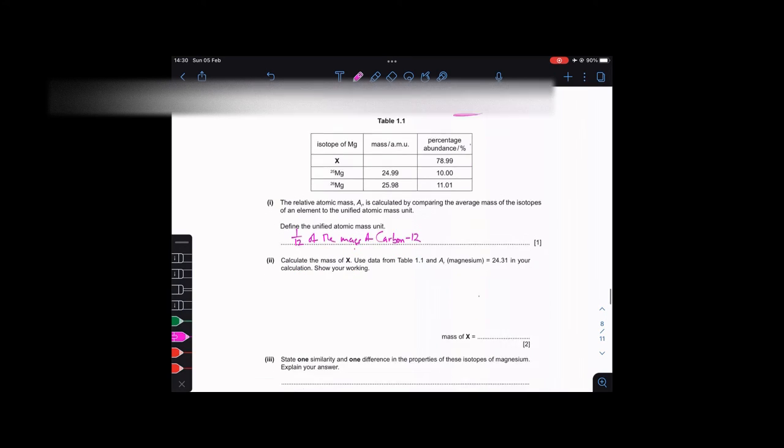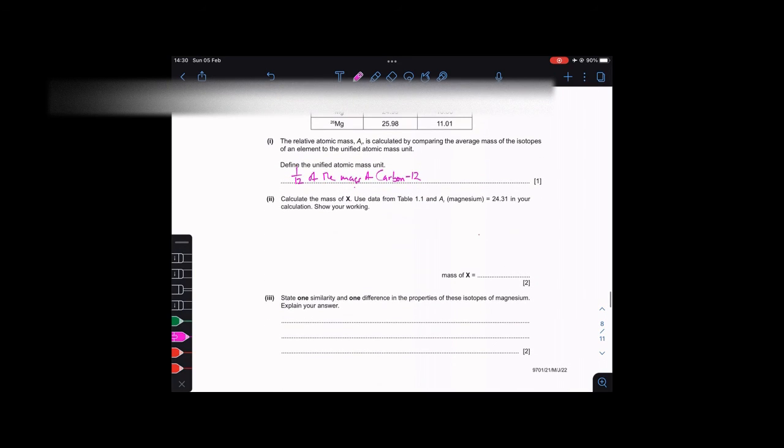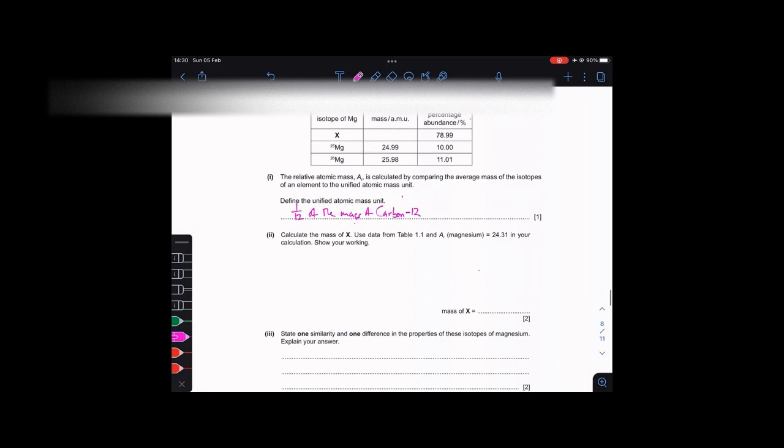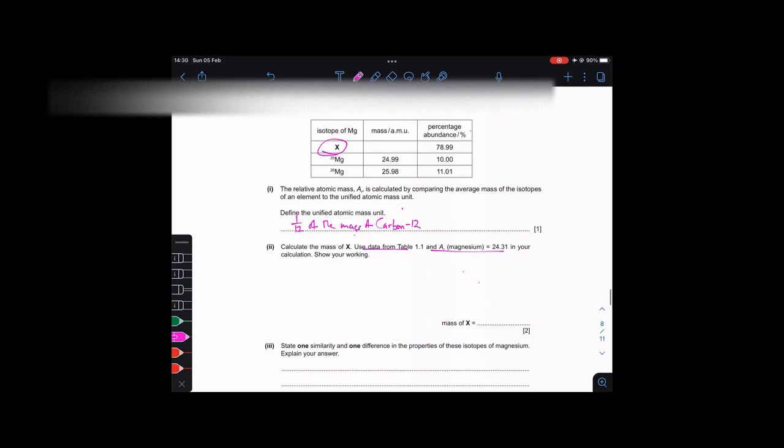And then the next question is to calculate the mass of X. Use data from table 1.1 and Ar. For magnesium, we are given that the relative atomic mass is 24.31.